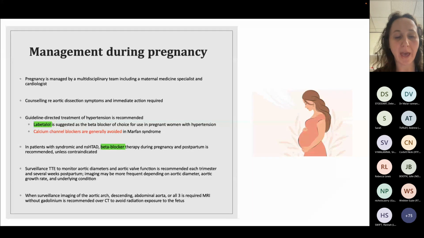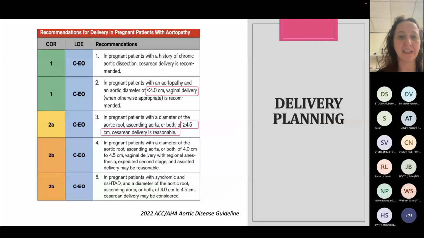If we have to monitor parts of the aorta that are not well visualized on the echo, such as the arch and descending abdominal aorta, then the modality of choice would be MRI, and without gadolinium, that should be favored over the CT because of the radiation exposure to the fetus.